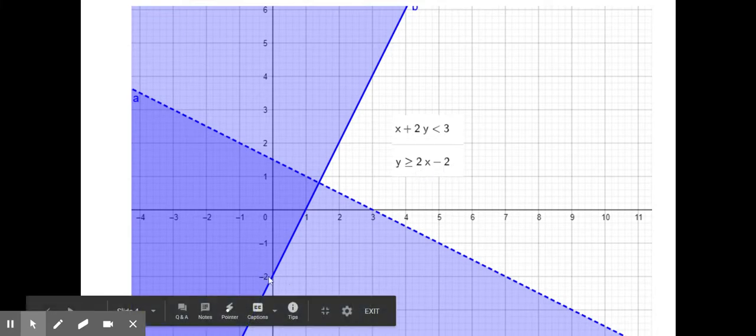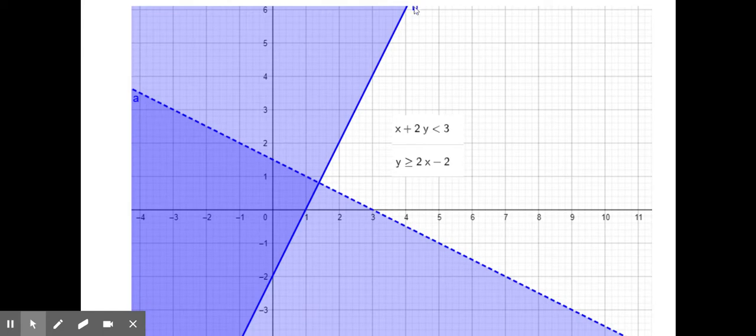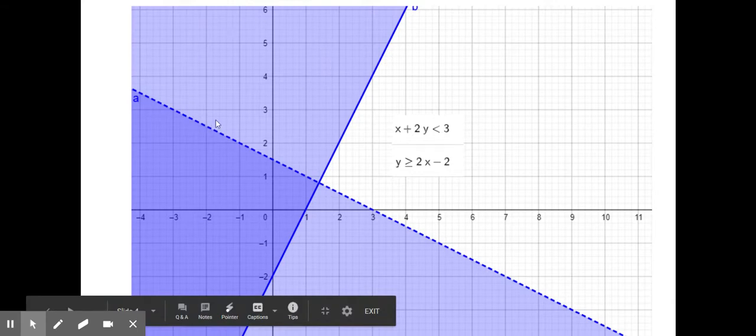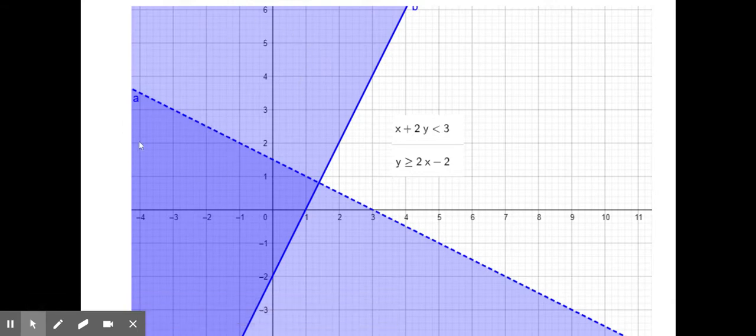So that's this one, right? It starts at -2, up 2 over 1. And it's got a solid line because of that little equal sign right there. So we're looking at this side over here as the solution set for this linear inequality.